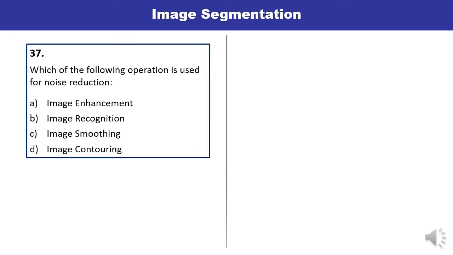Question number 37 is, which of the following operation is used for noise reduction? For noise reduction, image enhancement is used, or image recognition is used, or image smoothing, or image countering. So image smoothing is actually used for the noise reduction. Correct answer.